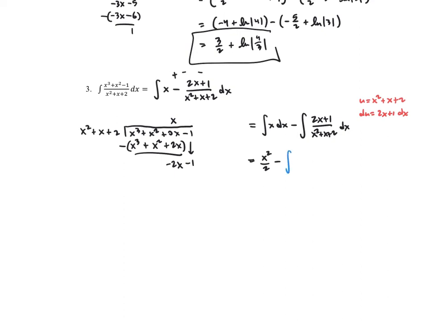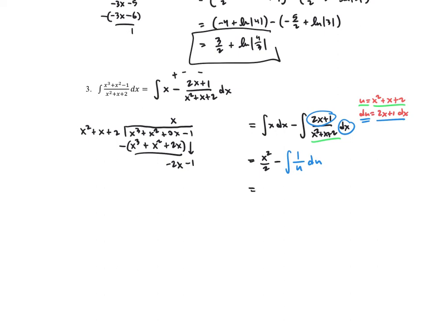I'm going to rewrite this in integral form. This will be the integral of 1 over u du. You can see du replaces (2x plus 1) dx, which is the numerator and, of course, the dx, and u replaces x squared plus x plus 2, which will give us 1 over u du.